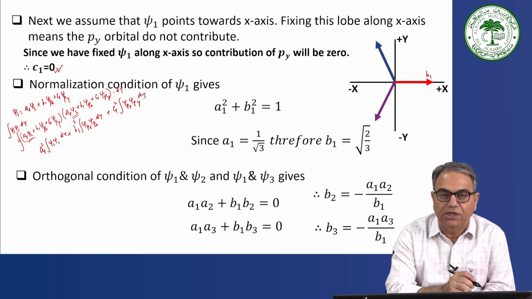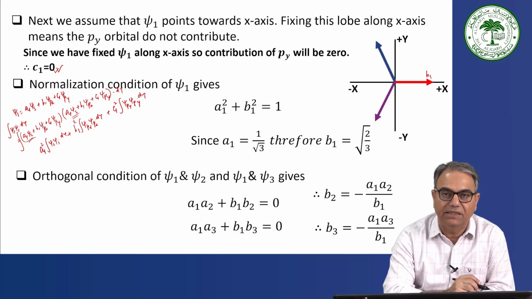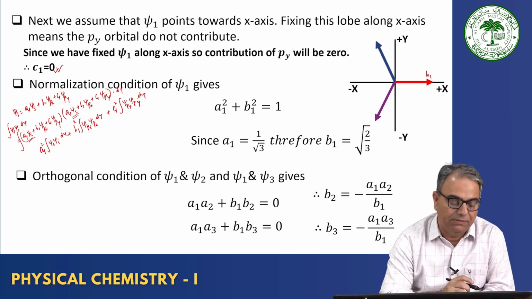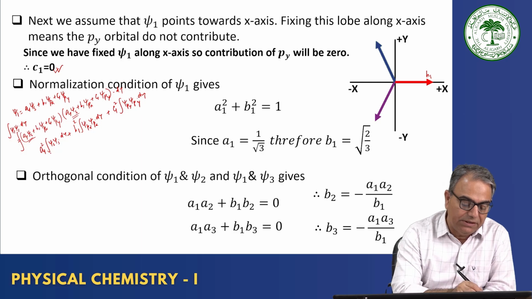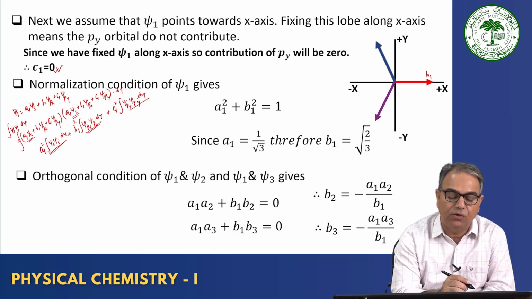You see all those terms where within the integral you have the similar functions psi px, psi py, and psi s I have written. You need not write other terms, because the other terms, psi s psi px, or psi s psi py, or psi px psi py, will all become 0 because of the orthogonality condition.